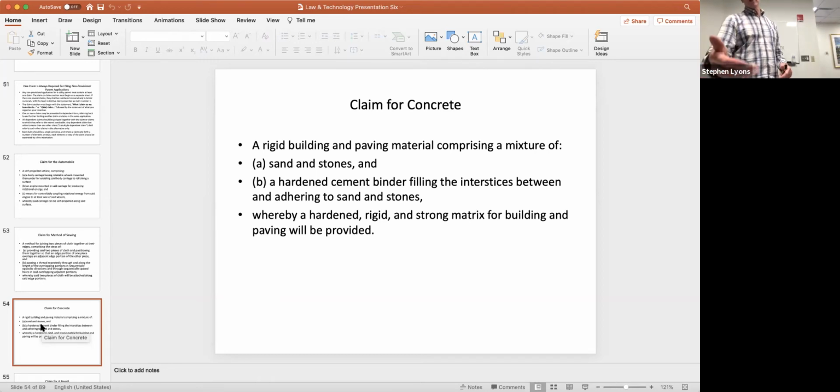In many ways, something as simple as a claim for concrete can be adapted for other materials that have essentially the same purpose or perform the same function. You can see how, whether it's concrete or an advanced polymer, the claim is written for something like that.